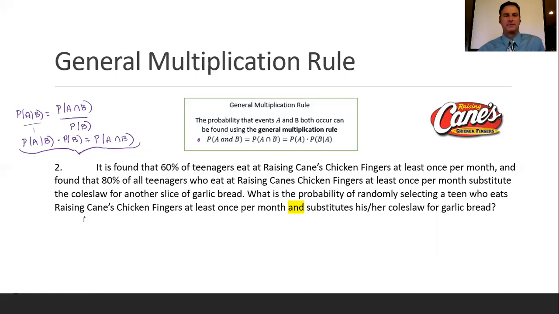Let's let A be a teenager who eats at Cane's once a month.